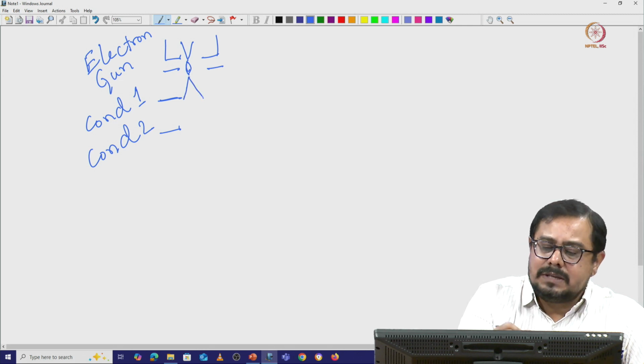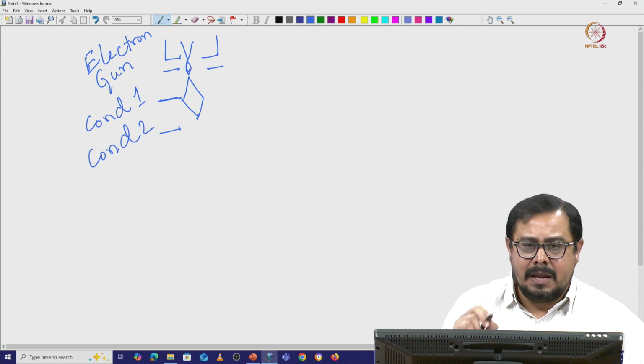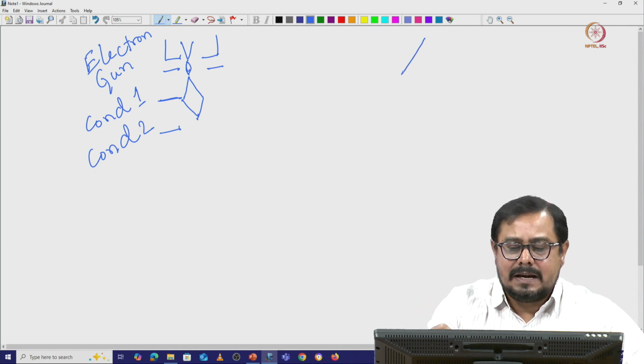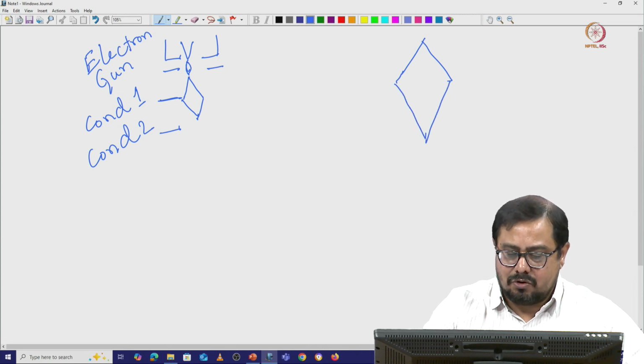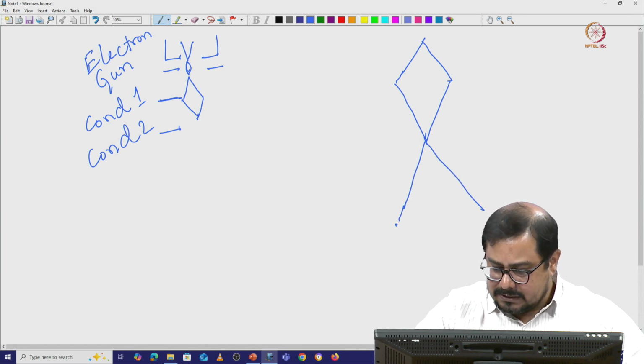So we will use a ray diagram to show where it converges. Whenever we have a lens system, it is always converging the electron beam and diverging the electron beam. This is called the converging electron beam, and then if it goes further, this is called the diverging electron beam.